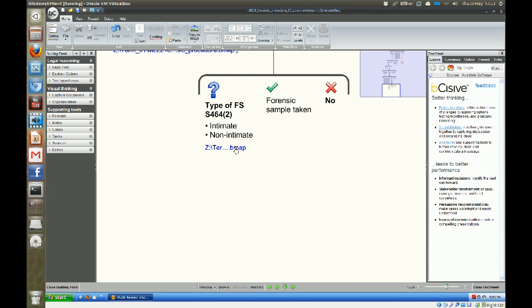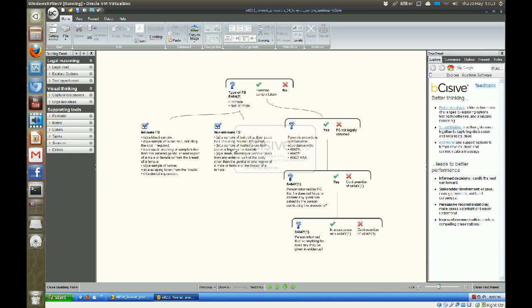So what's the difference between intimate and non-intimate? Well, intimate, as we might imagine, is a sample taken from a rather intimate area. So a blood sample, a sample of pubic hair, a swab, a sample of saliva, scraping from the mouth, a dental impression.